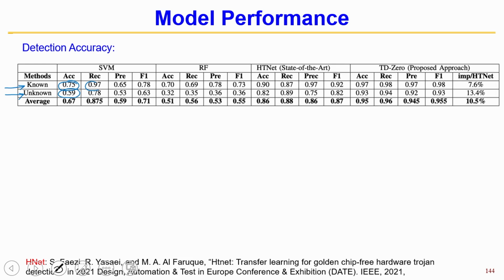Random forest is 70%, which is not great, but 32% is worse than a random guess. HTNet, one of the state of the art, still goes down, and zero shot learning goes from 97 down to about 93%, which is very good. There is still scope for improvement. If you can go up to 100%, that would be amazing.